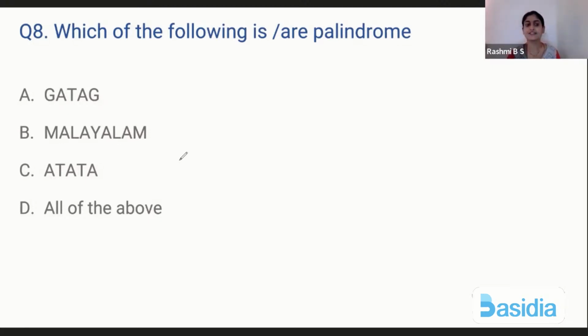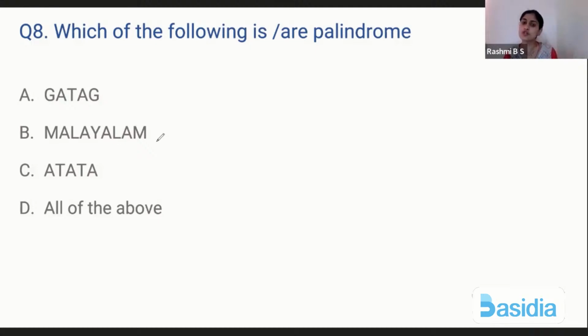This is a general question. Whenever you do competitive questions, you should have some common sense. I'm not asking which of the following gene sequences are palindromes.